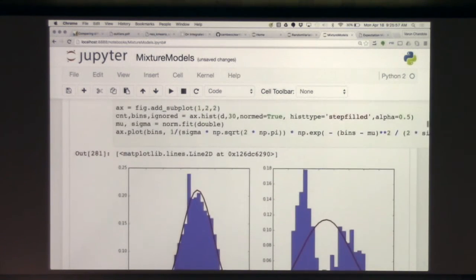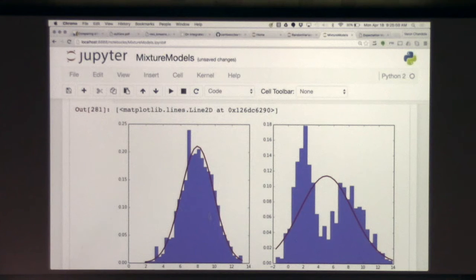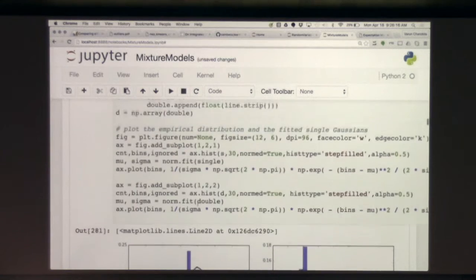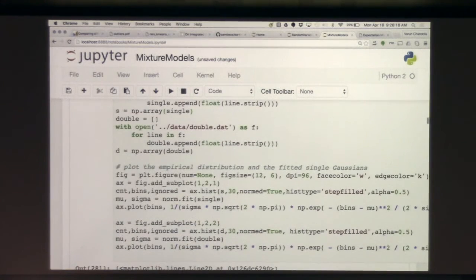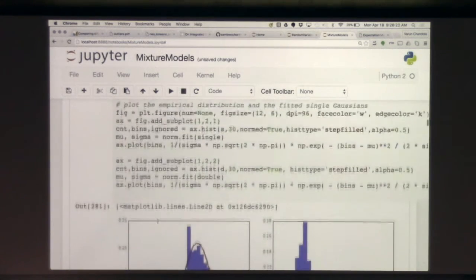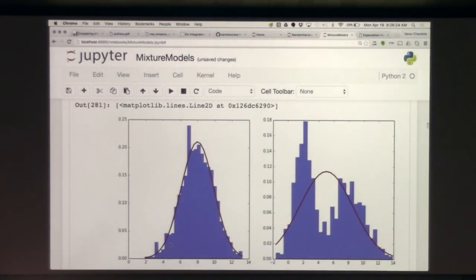So let's first focus on this plot over here. This is the distribution of the data, which is the empirical distribution. It's just a histogram, so it's one-dimensional data. It clearly shows that this is coming from a single Gaussian. So now you can compute the MLE. You remember MLE is just the sample mean and sample variance in this case.